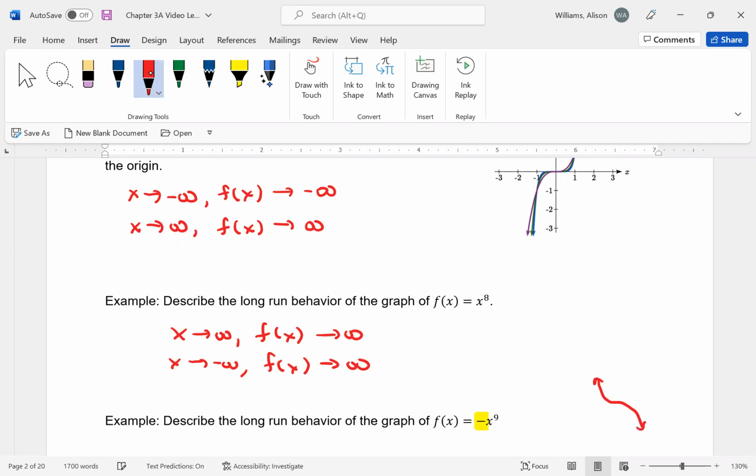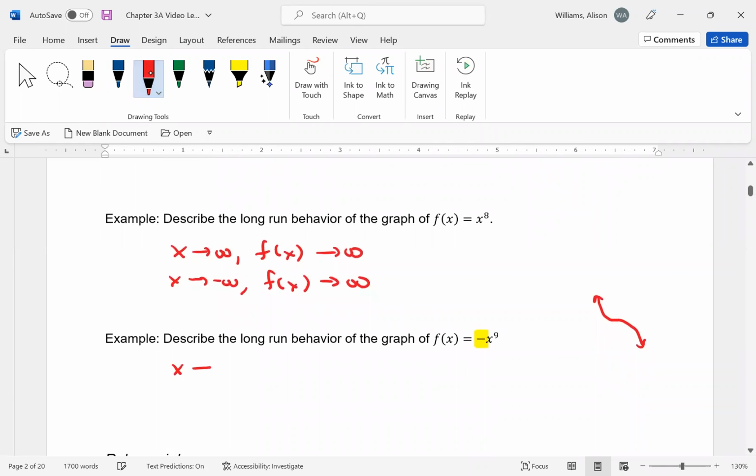So as x goes to negative infinity, f of x is going to positive infinity, and as x goes to positive infinity, f of x is going to negative infinity. So the fact that the powers are odd versus even affects the long run behavior of the graph, what we expect to see.